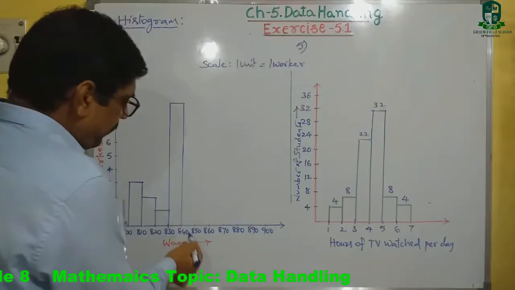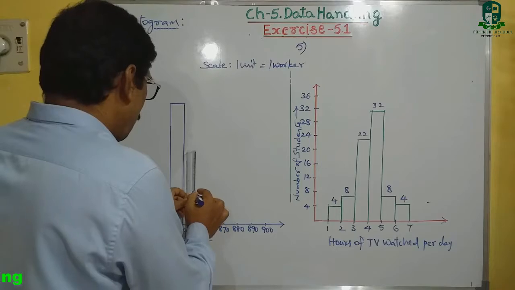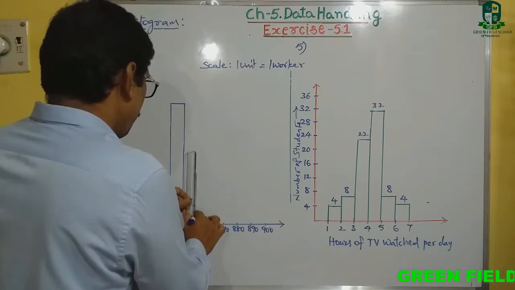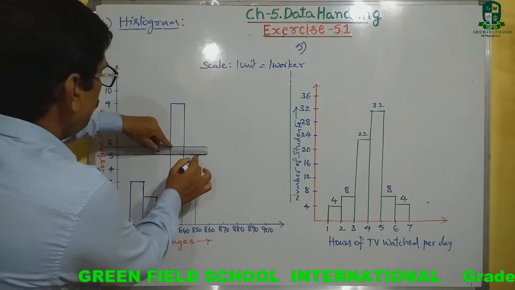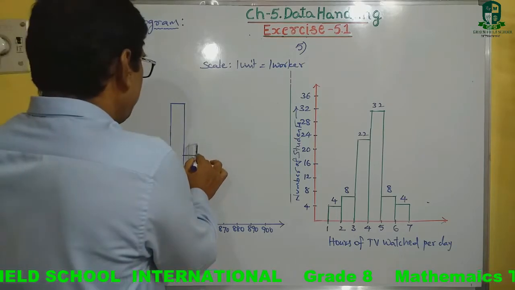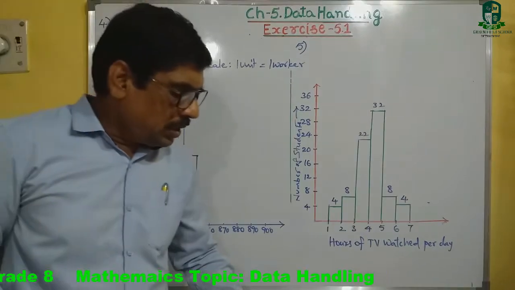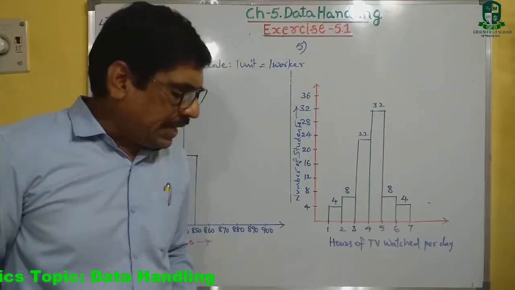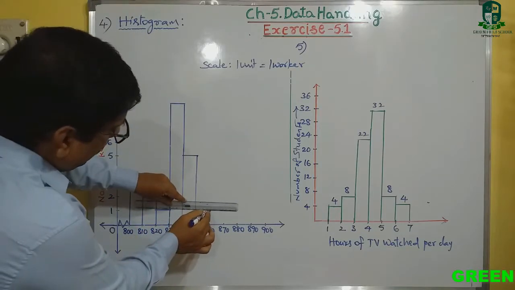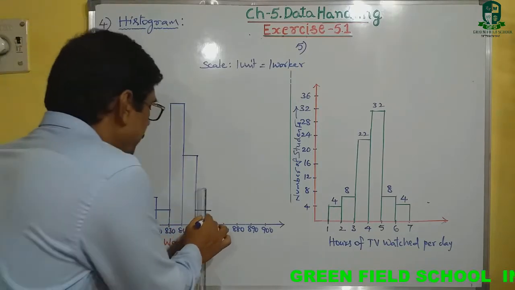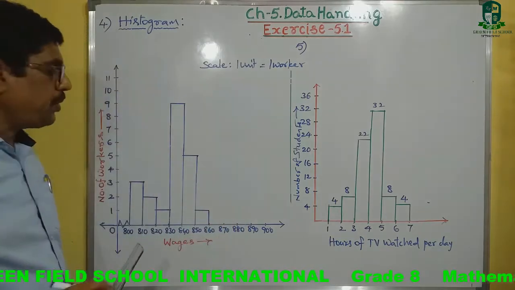What is the frequency for the class 840 to 850? That is 5. So we need to draw the bar up to the height of 5 units. After that, the class 850 to 860 has a frequency of only 1, so we draw the bar up to the height of 1 unit.